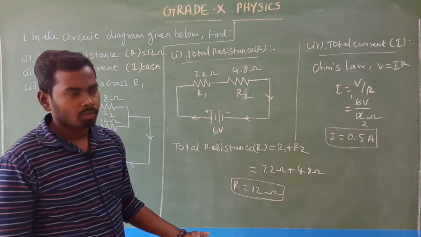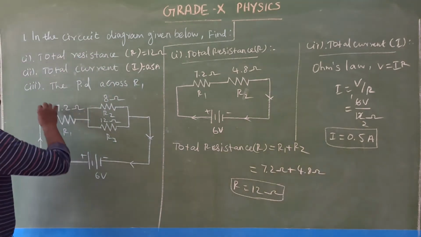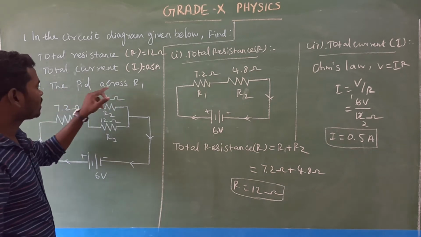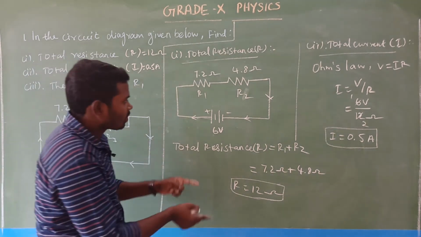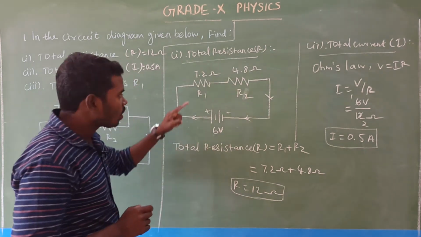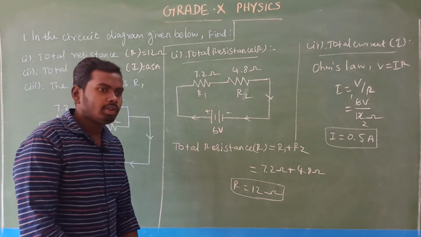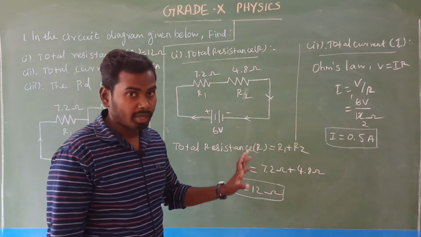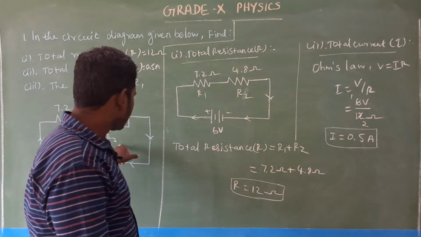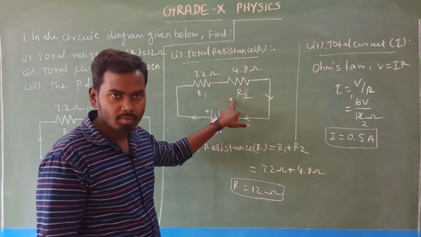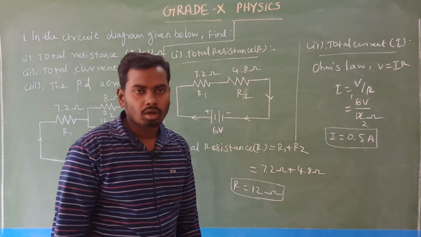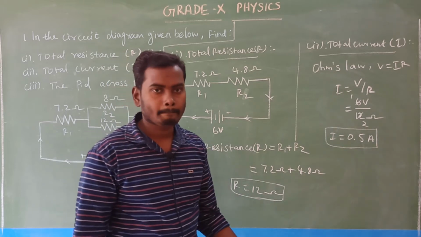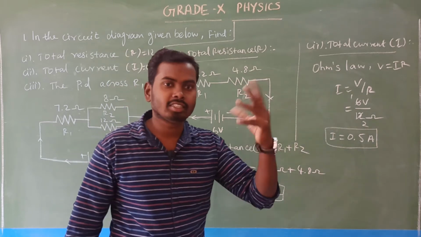So the third one is the potential difference. What is the potential difference across R1? In the modified diagram, R1 is here. Already we know that in series, two resistors are connected in series, so the potential difference gets distributed.